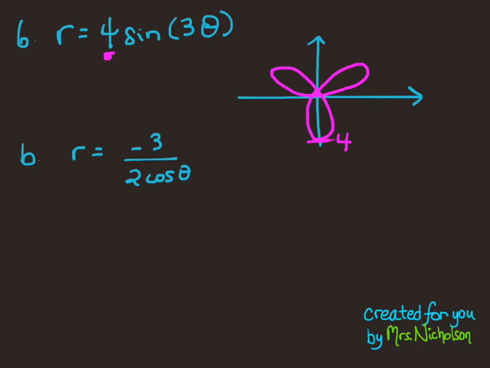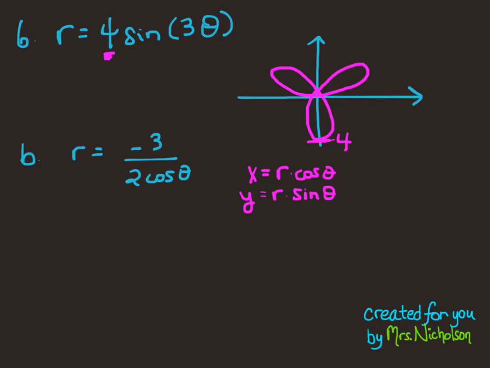Because if you look at your foldable and your formulas, we know that x is equal to r cosine theta, y is equal to r sine theta, and so I need to have one of those to be able to convert to x and or y.